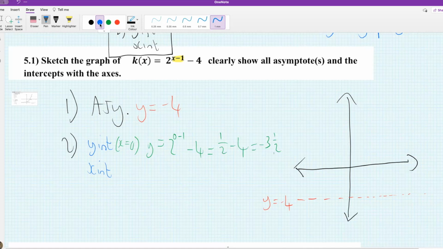So the point that I'm going to get is going to be somewhere over here. Now, for the x-intercept, I'm going to make y equal to 0. So what are you getting for your x-intercept?